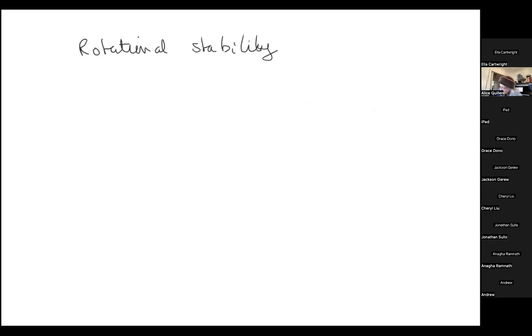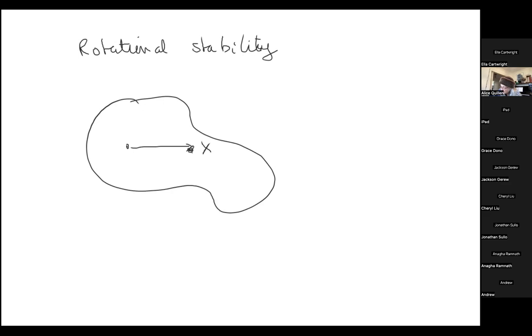Stability, there we go. So here we have some pendulum system, but the center of mass might be out here, X center of mass. And if we have gravity, then here's a pivot point.